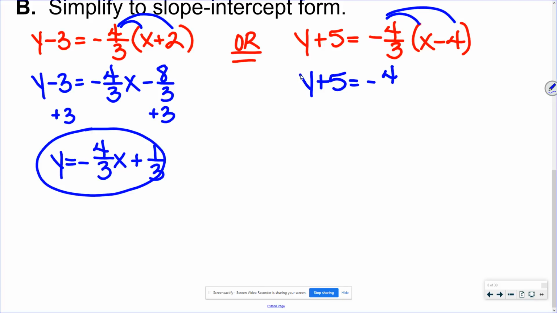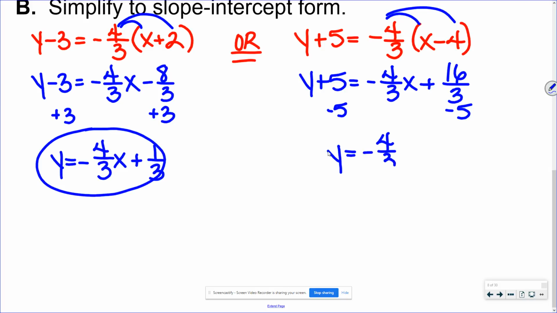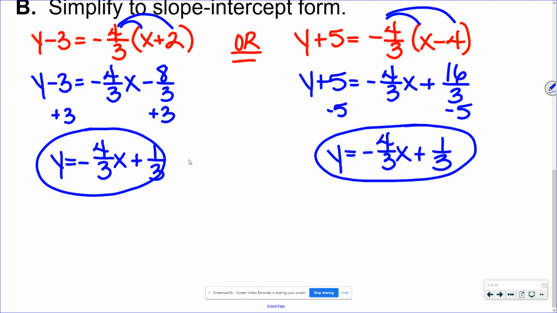So I would have -4/3 x plus 16/3 minus 5. And then I would get y equals -4/3 x, 16/3 minus 15/3 is 1/3. So you see when you get your equation in slope-intercept form, you do have an identical match, which means these two equations do represent the same line.